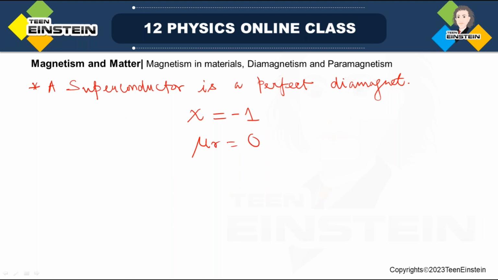For a superconductor, relative permeability is 0 and susceptibility is -1.